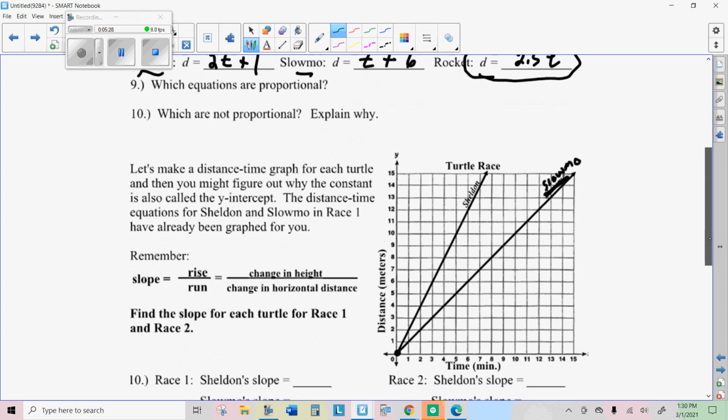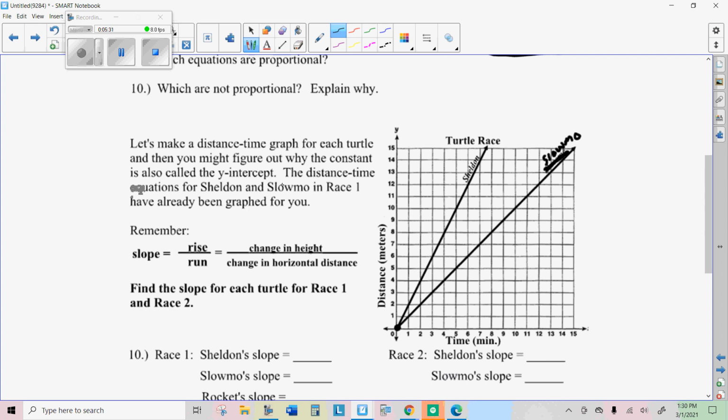All right. So let's make a distance time graph for each turtle. Notice that Sheldon is going up 2 for every 1 second in time. Slow-Mo is going up 1 for every 1 second in time.